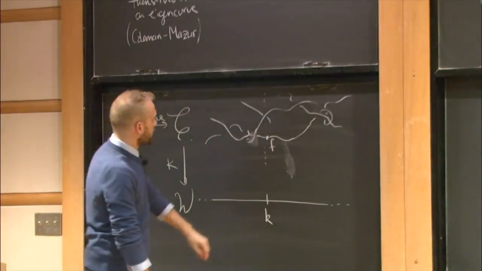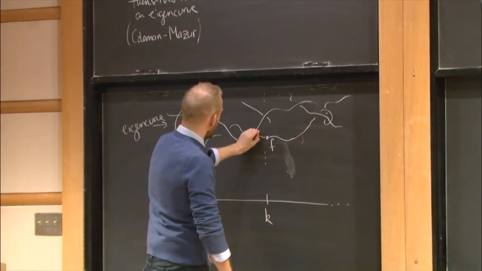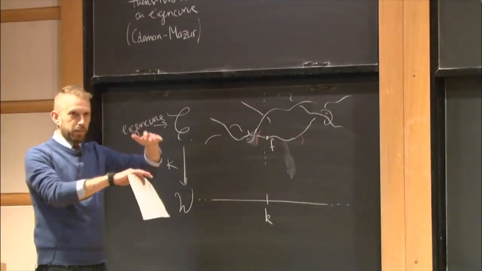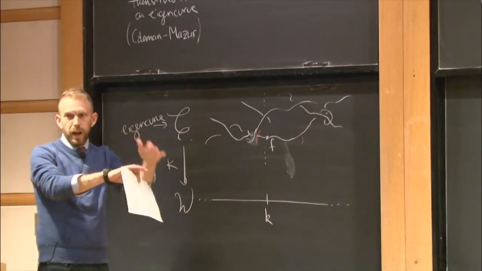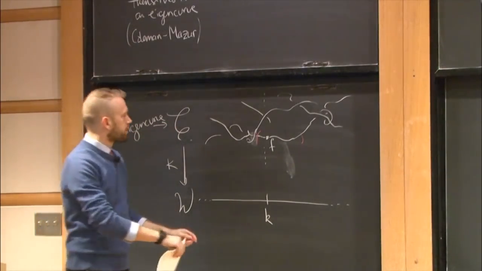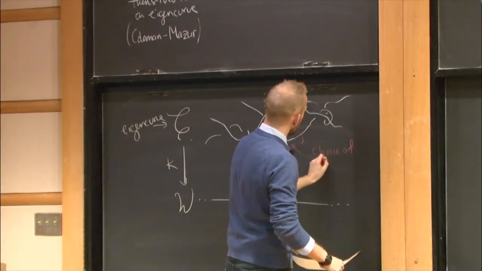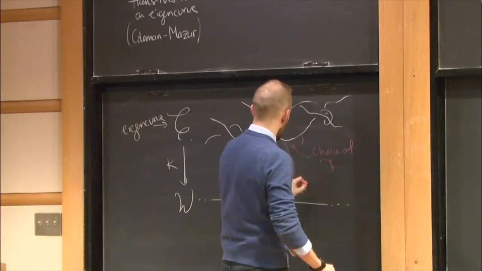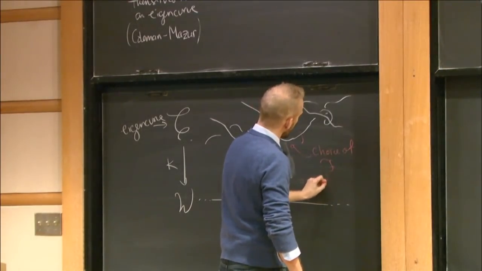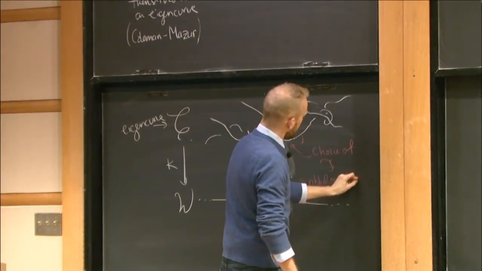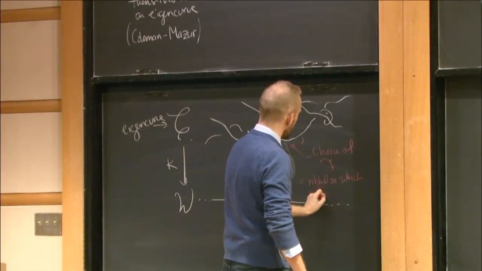But what you're doing is you're sort of choosing some neighborhood on this geometric object called the eigencurve on which the weight map is invertible. Okay, so this is like the choice of F. And it's like a neighborhood on which kappa is invertible.